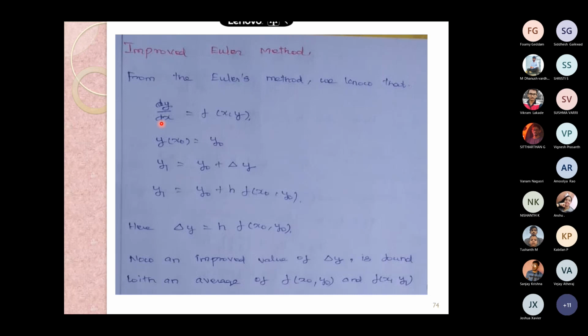For getting this improved Euler method, dy by dx is equal to f of x comma y, with y of x naught equal to y naught, and y1 is equal to y naught plus delta y. And instead of delta y, what did we apply?